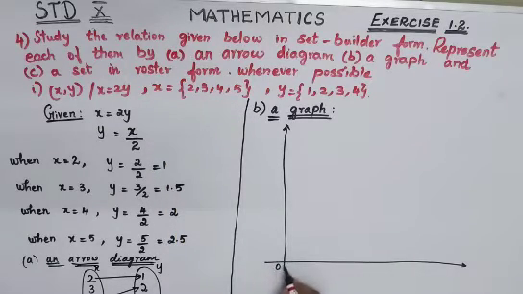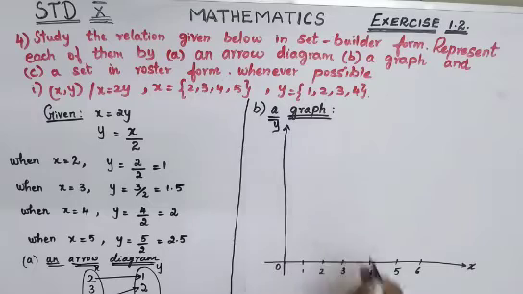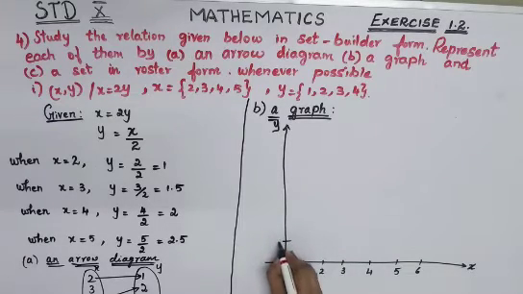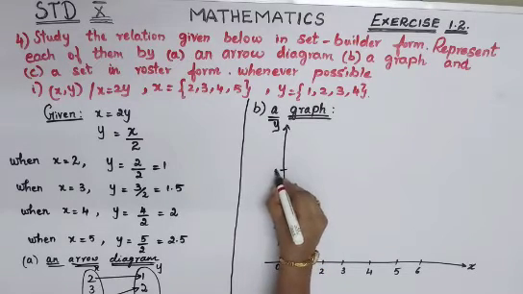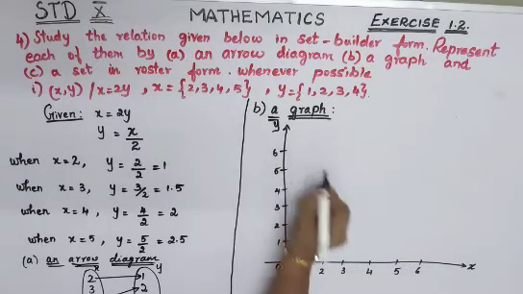So 0 here, then 1, 2, 3, 4, 5, 6 on the x-axis, and on the y-axis also 1, 2, 3, 4, 5, 6.